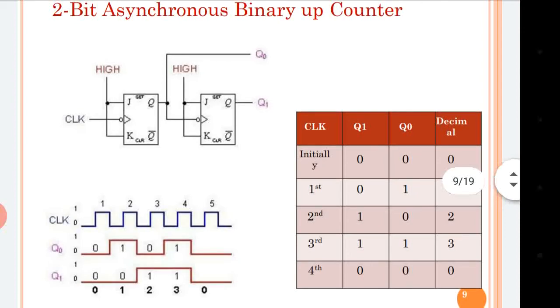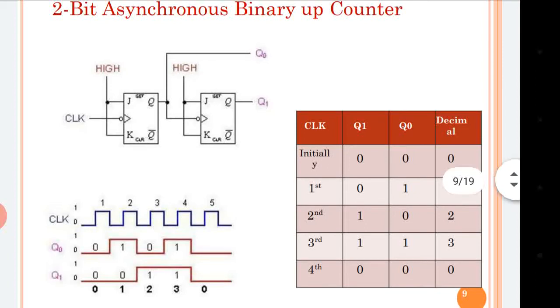You will observe, if you observe carefully, these flip-flops are falling edge triggered flip-flops. That means the flip-flop will trigger for the falling edge of the clock. That's why output Q of first flip-flop is connected to the clock of next flip-flop, and it is also taken out for connecting LED and to check the output conditions.